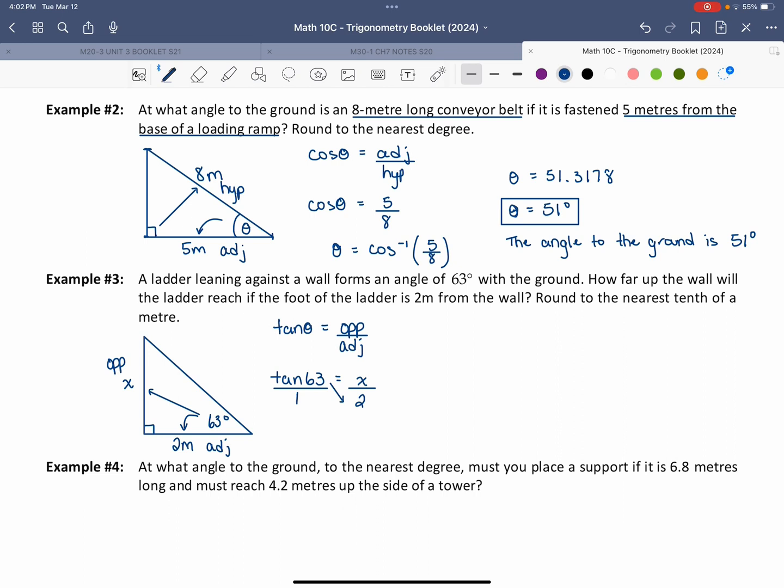So tan 63 times 2 divided by 1. Tan 63 times 2 in our calculator gives us x equals 3.9252. Round to the tens place is 3.9 meters.